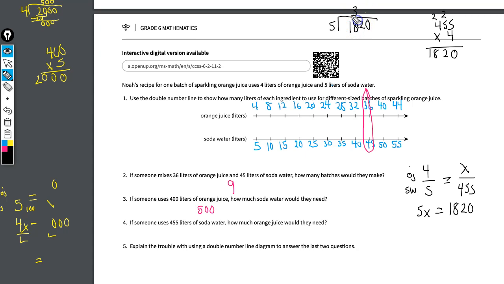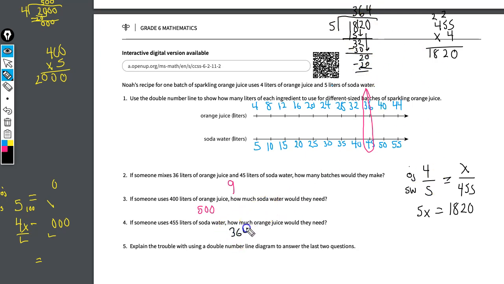It goes in 3 times. And 3 times 5 is 15. That leaves 3 hanging down there. Bring down my 2. 5 goes into 32 6 times. 6 times 5 is 30. Bring down my 0. Goes in 4 times. So the answer to this is 364.